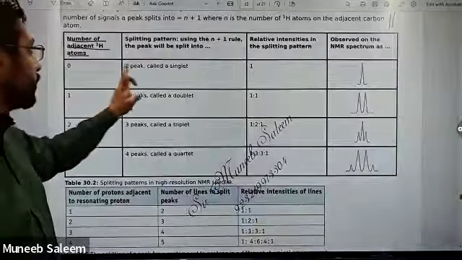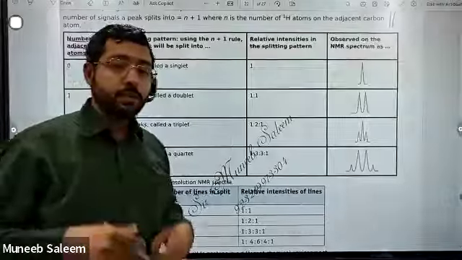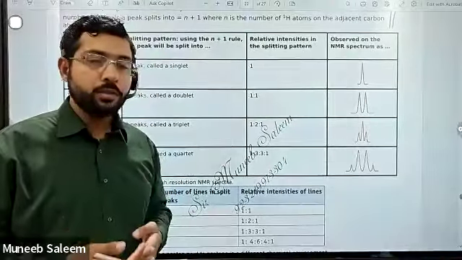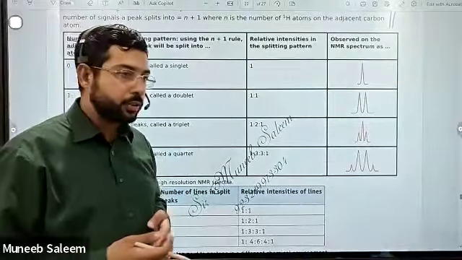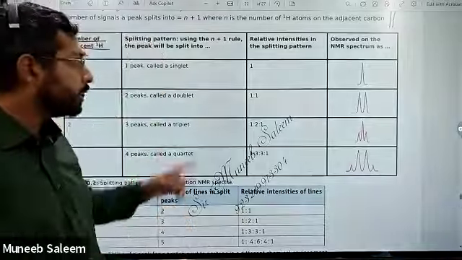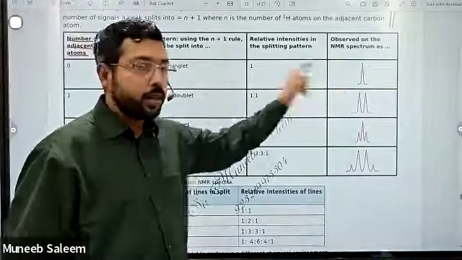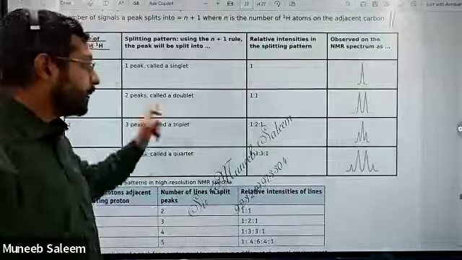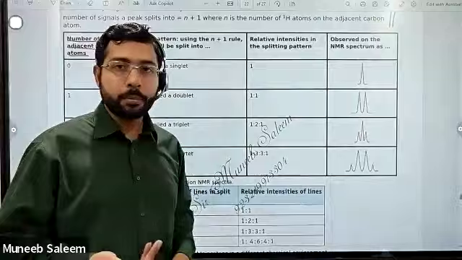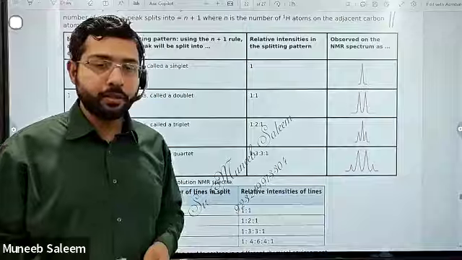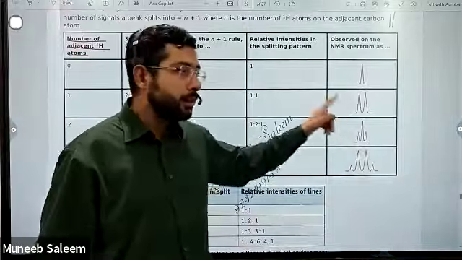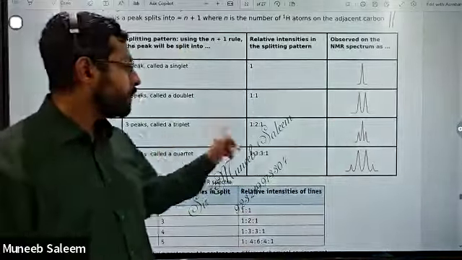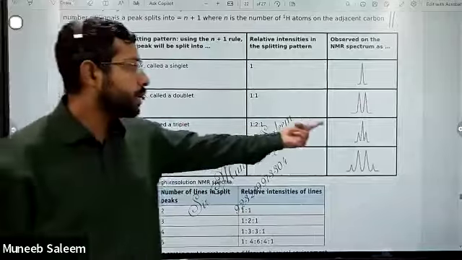When there is just one single peak, even after considering high resolution NMR spectroscopy, and you find only one peak, that will be called a singlet. However, if a peak is split into two peaks, that will be called a doublet. If a peak is split into 3 peaks, it is called a triplet, indicated like this.